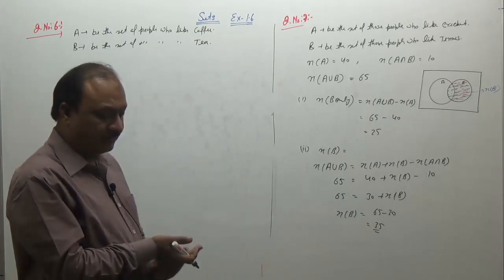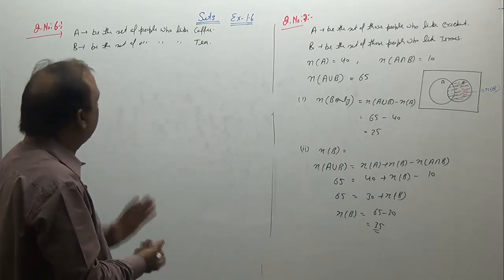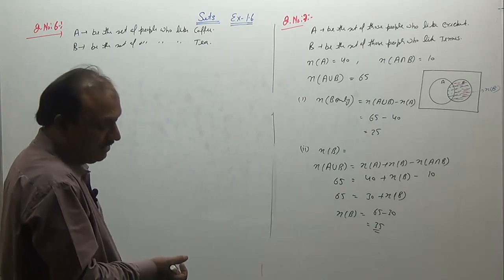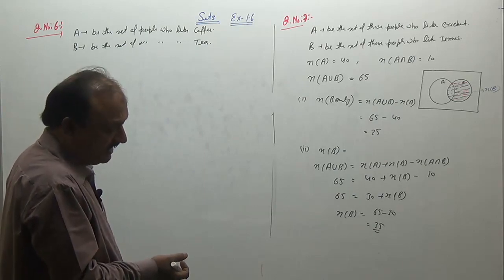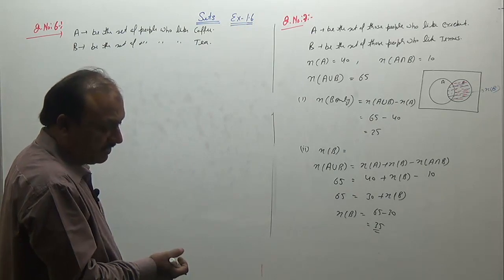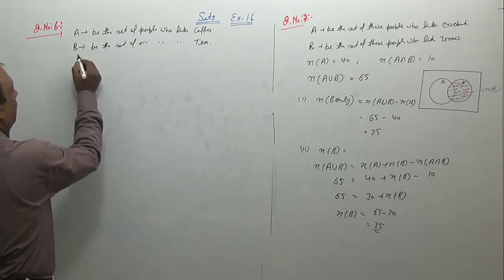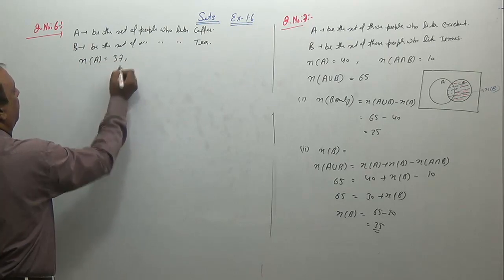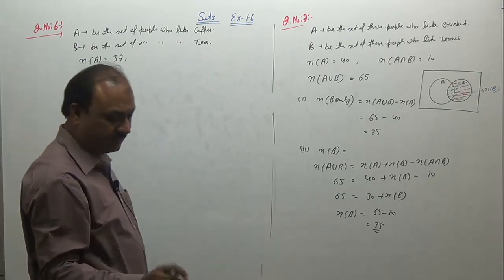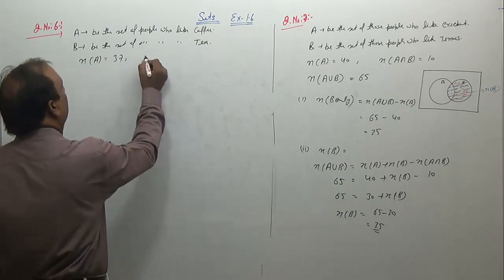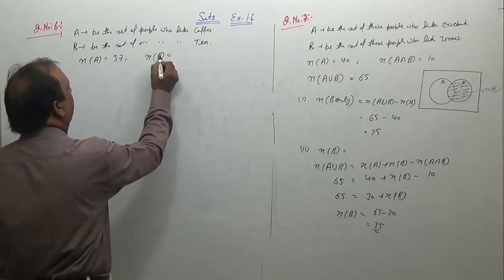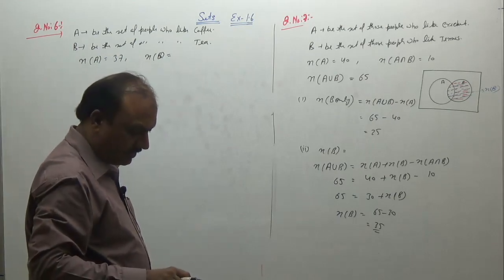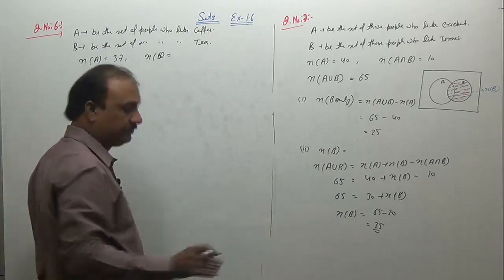So it is question number 6. There are two categories, one who like coffee and second who like tea. So the given problem is that 70 people are there, 37 like coffee. That is, the number of elements of set A is 37. And the number of elements of set B is 52.